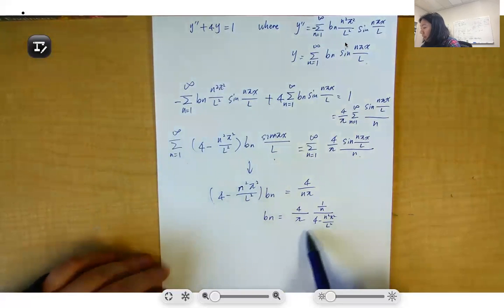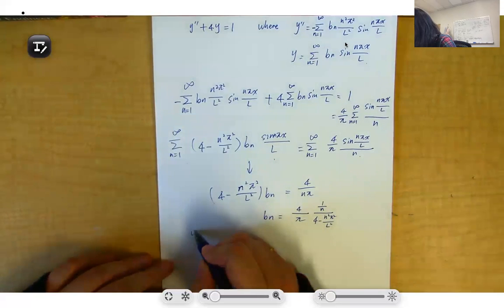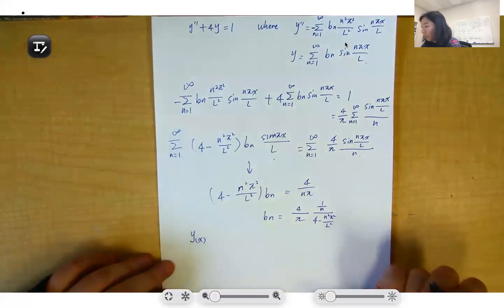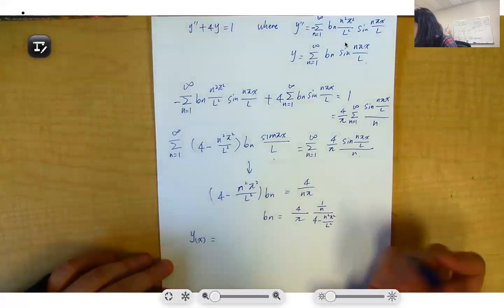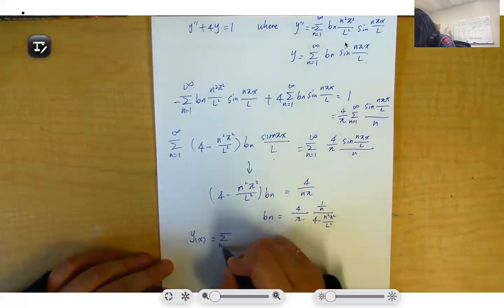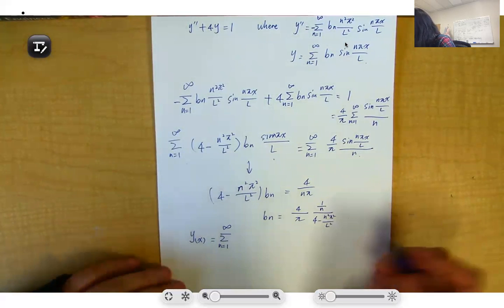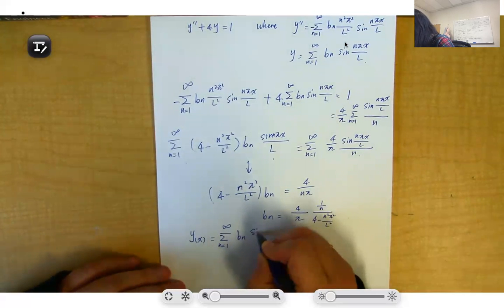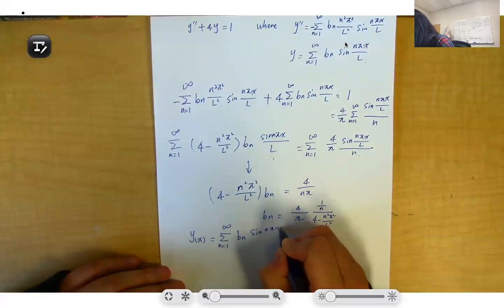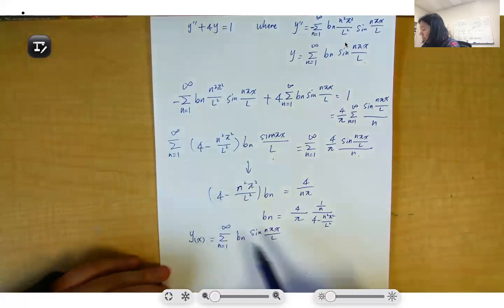After you get b_n, you know that y(x) in its initial form is a generalized Fourier series, the sum from n equals 1 to infinity of b_n sine n pi x over L, so that b_n is here.